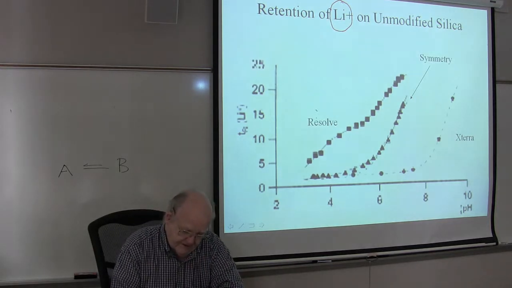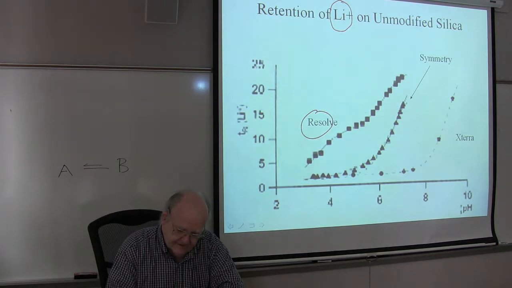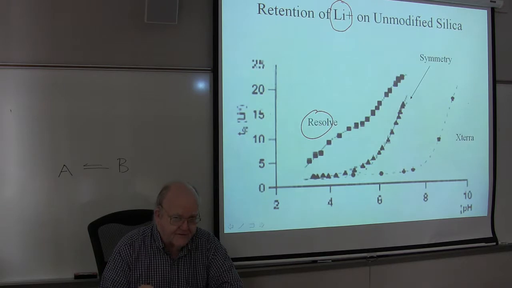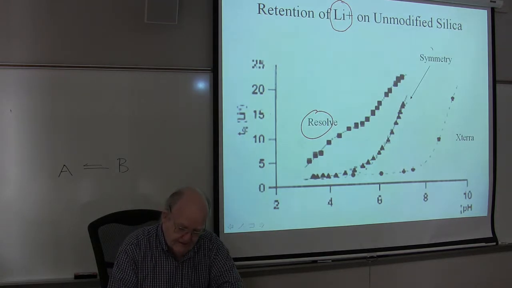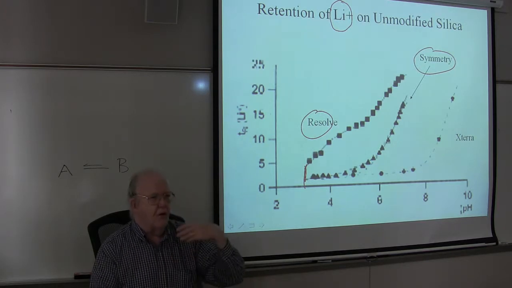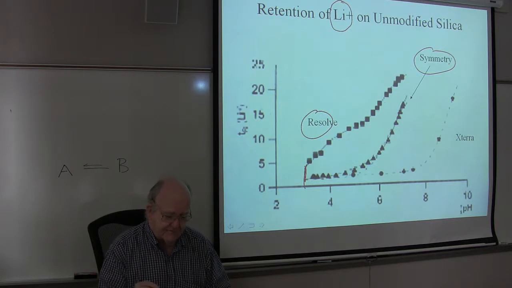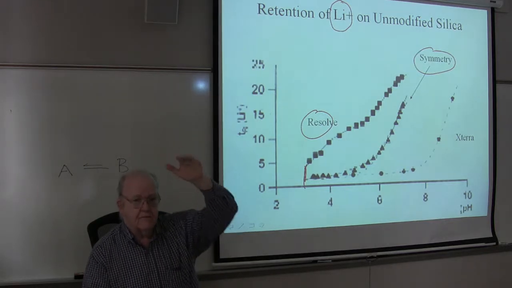And we can see on this stationary phase, these are all 3 Waters products. So the guy who did this study was from Waters. On those 2 phases, you can see even at pH as low as 3, there's definite retention of lithium. And as you raise the pH, more of those silanol groups become ionized, and the retention of the lithium goes up.